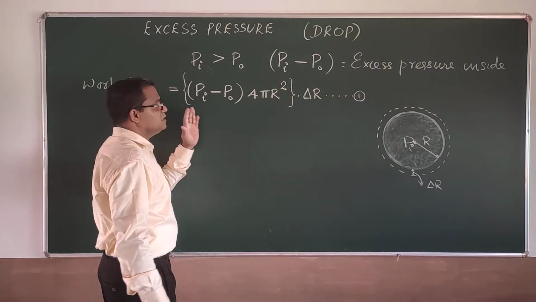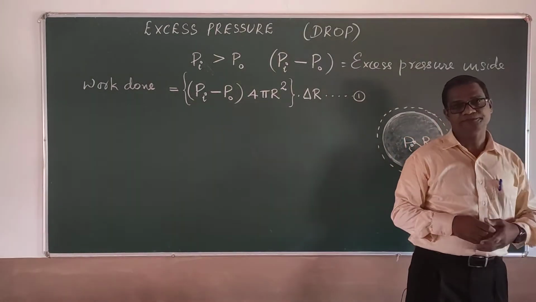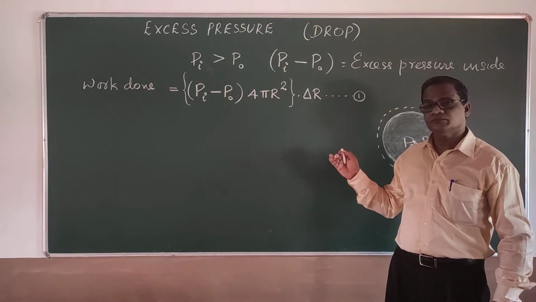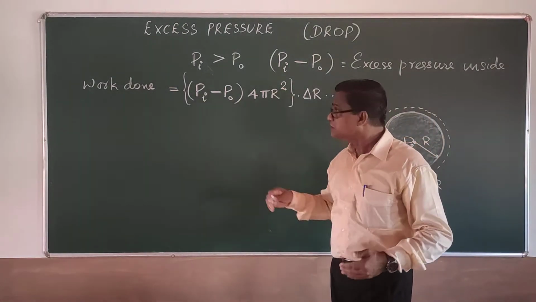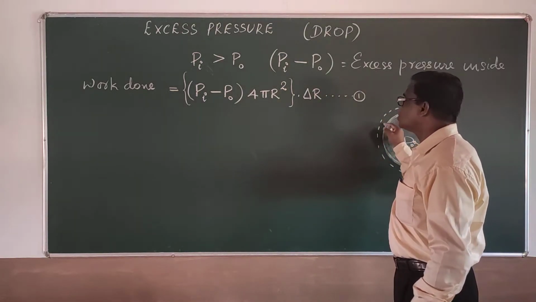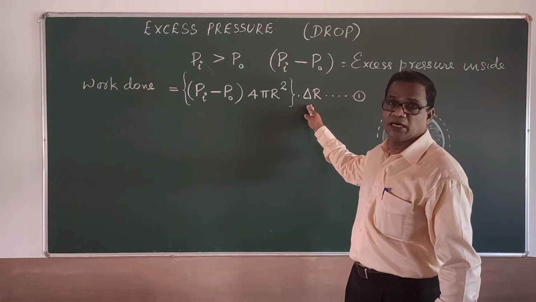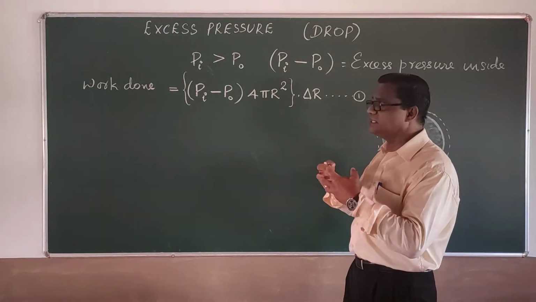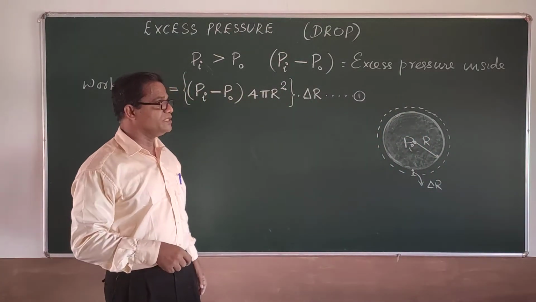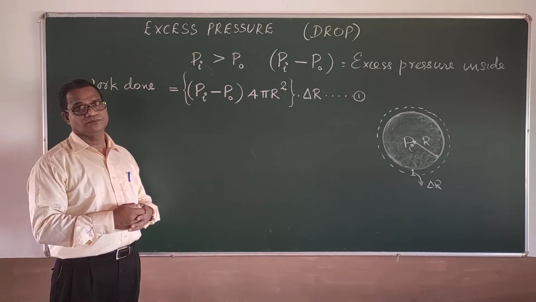This is the work done by the excess pressure in expanding. At each point on this drop there will be a force of this much, and that into delta r gives you the work done in expanding. So this is in terms of excess pressure, but somehow we have to relate this with the surface tension.